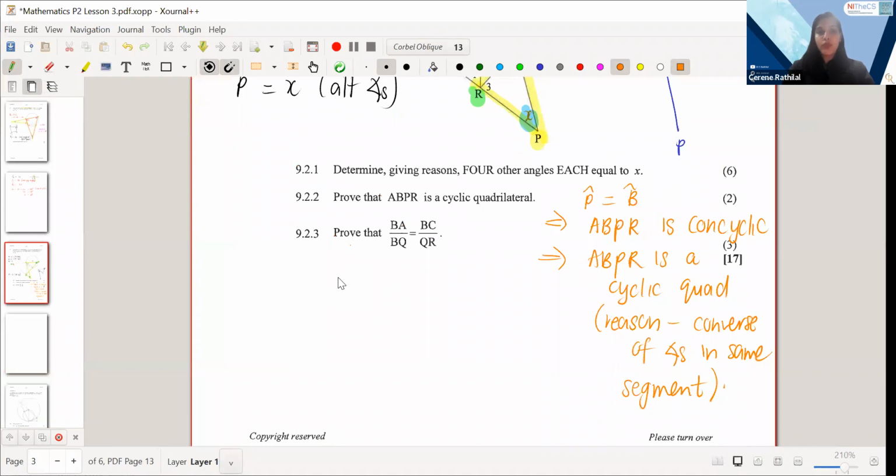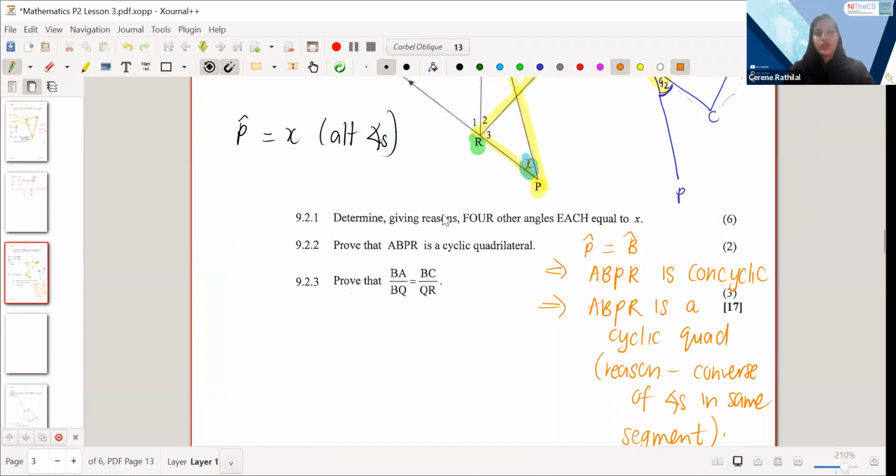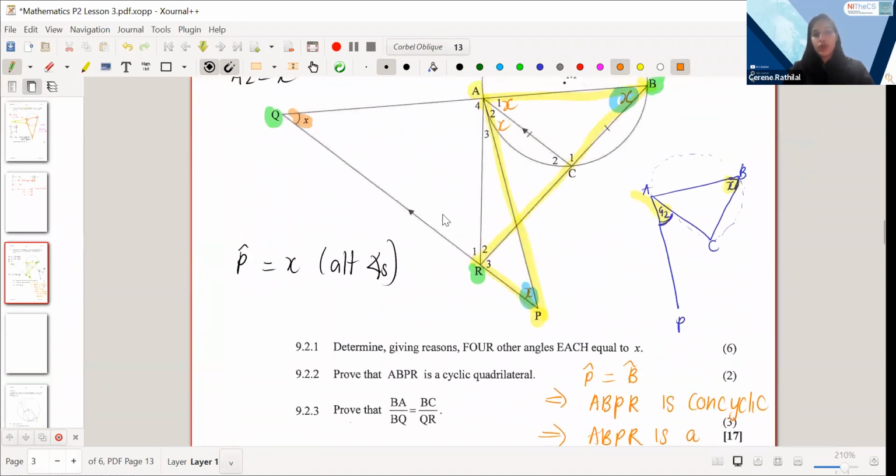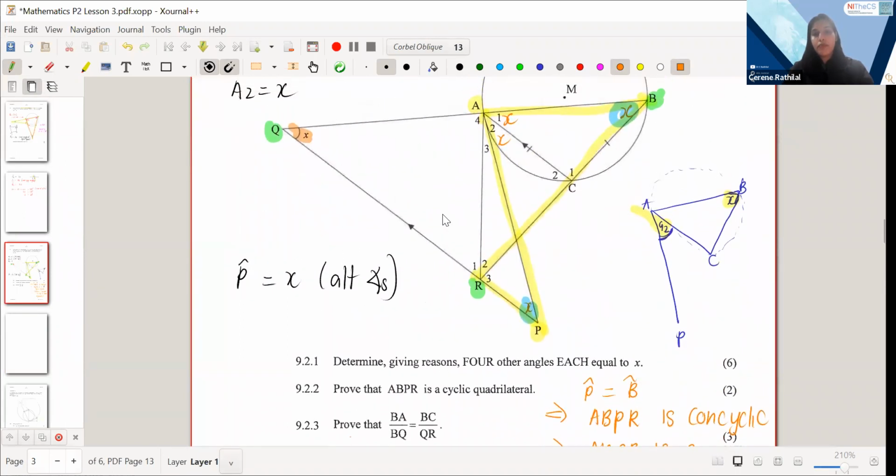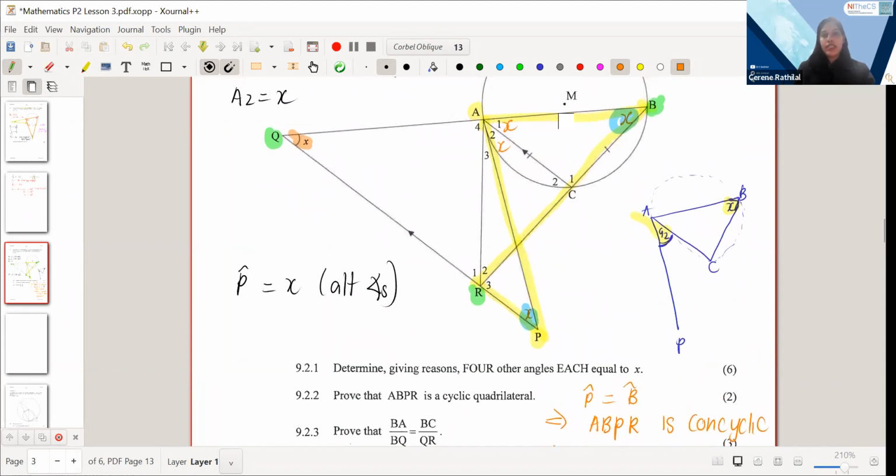We've now got 9.2.3, and this is what I'm going to cover, and then we're going to end. So we are required to show that BA over BQ. Let's remind ourselves of where all of these things lie. BA, which is this side, over BQ, over the bigger side.